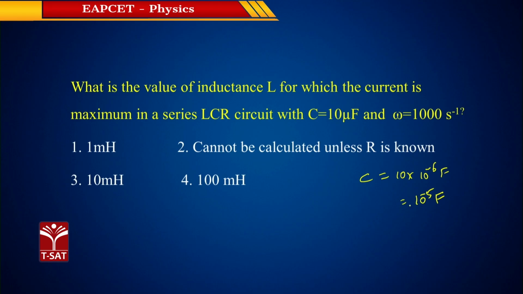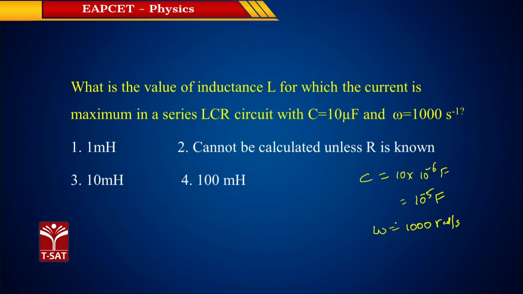And omega is 1000 radian per second. Actually the unit radian per second or per second, no problem about it.